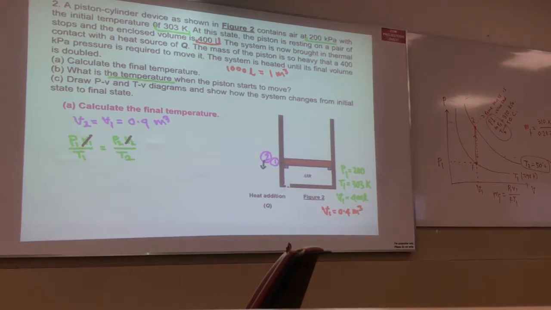So P1 is 200, T1 is 303, P2 is 400. T2 I do not know. Then I can calculate T2. T2 is equivalent to 606. Very good.